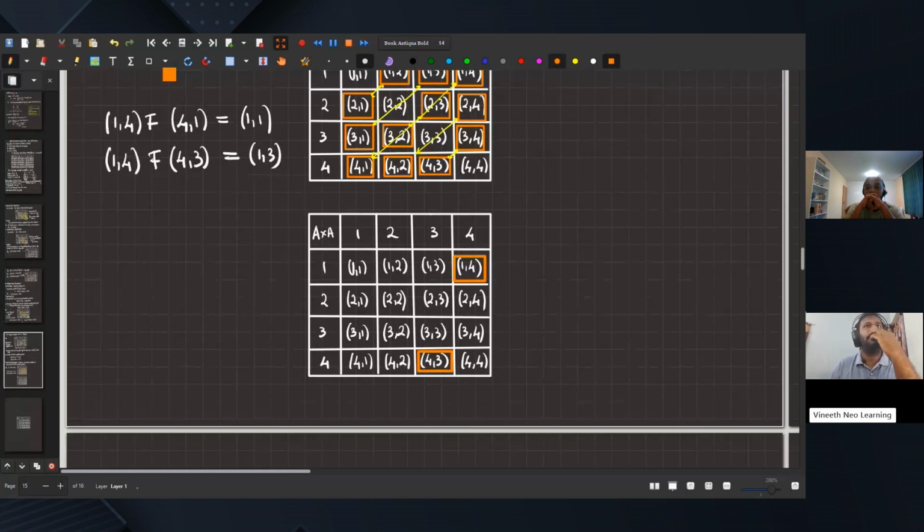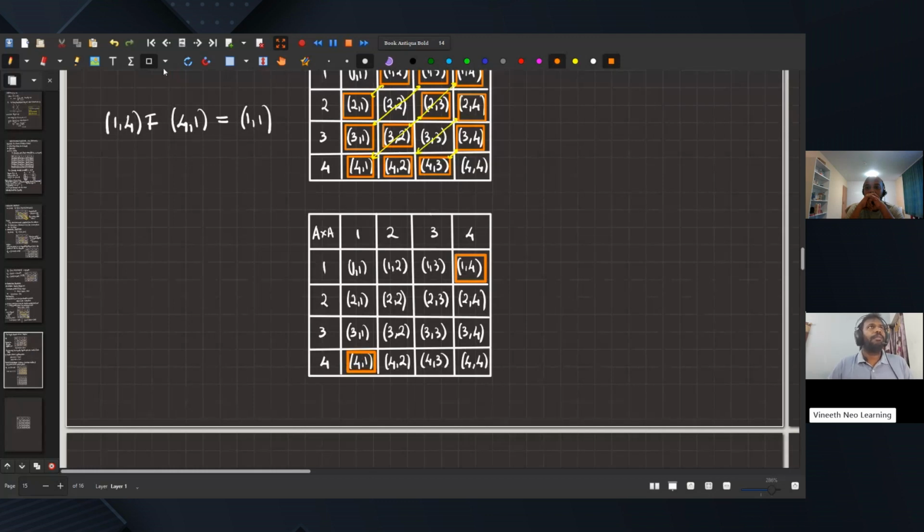Its product is 1 comma 3. And also, let's just focus on these diagonally opposite pairs, 1 comma 4 and 4 comma 1.